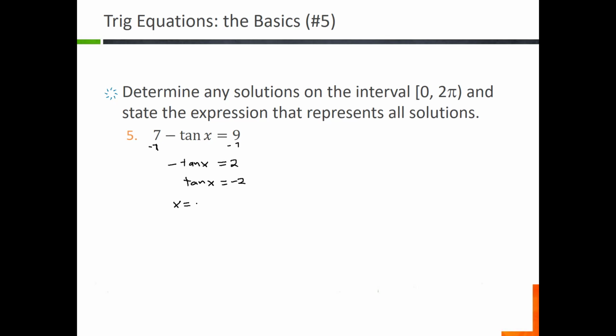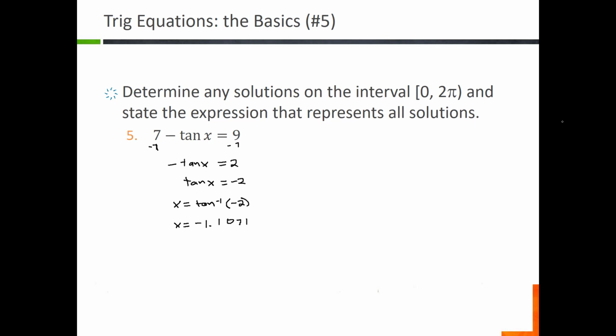So x is going to equal the inverse tangent of -2. If we compute that, we get x is equal to -1.1071, rounded to 4 decimals.